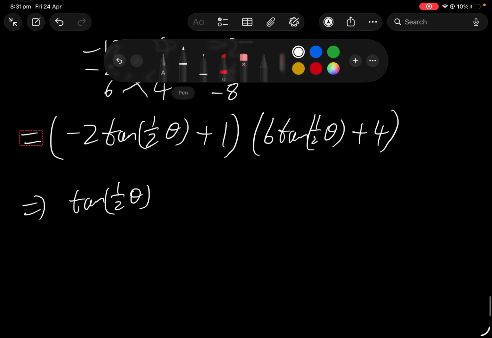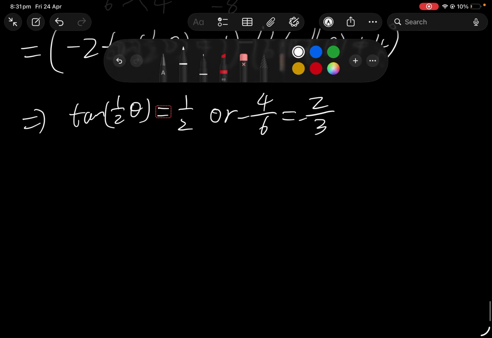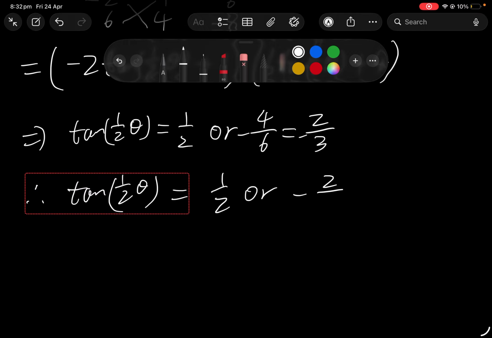So that equals a half, and what makes this 0: this has to be negative, and we divide by 4, times by 4 and divide by 6. Well, that's just 4 over 6, which is equal to 2 over 3. And make sure it's negative. So the answer will just be tan a half theta is equal to a half or negative 2 over 3.